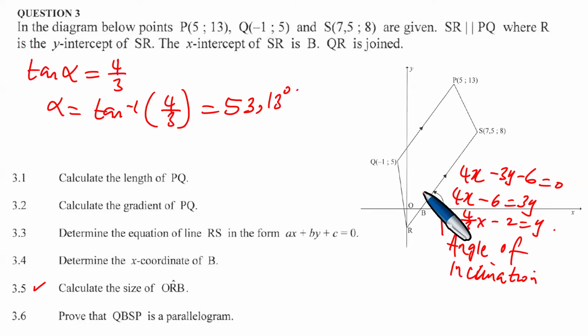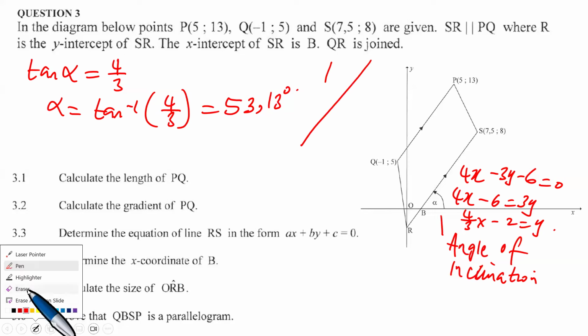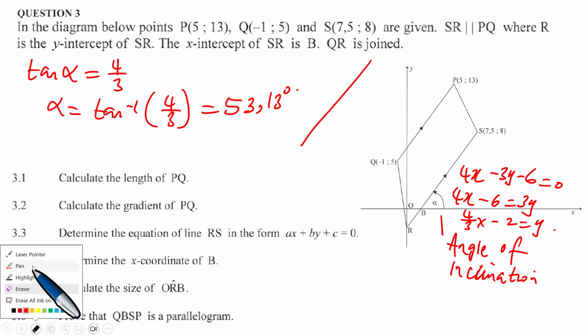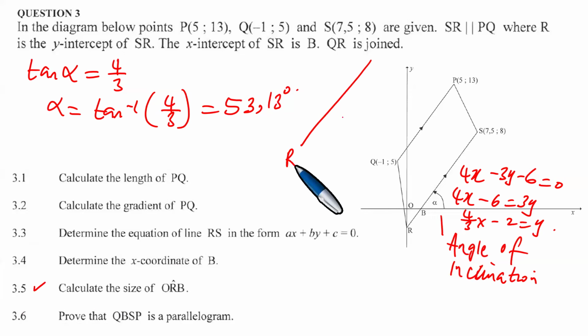And now that we have the size of the angle alpha, there are a couple of things to take into account. We can enlarge this diagram a little bit. If you have this line here, which is the line RS, and this one running across like this, and this is the angle alpha.